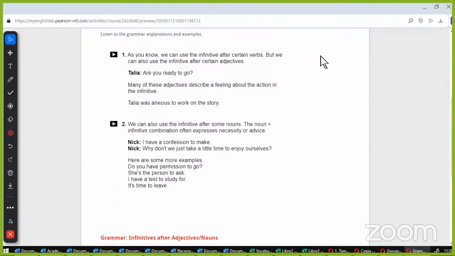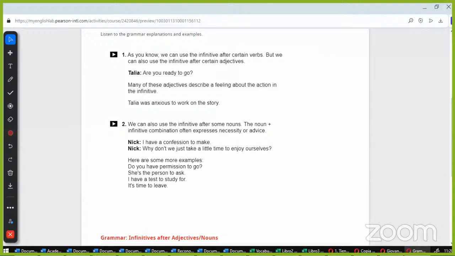As you know, we can use the infinitive after certain verbs, but we can also use the infinitive after certain adjectives. Talia, are you ready to go? Many of these adjectives describe a feeling about the action in the infinitive. Talia was anxious to work on the story.